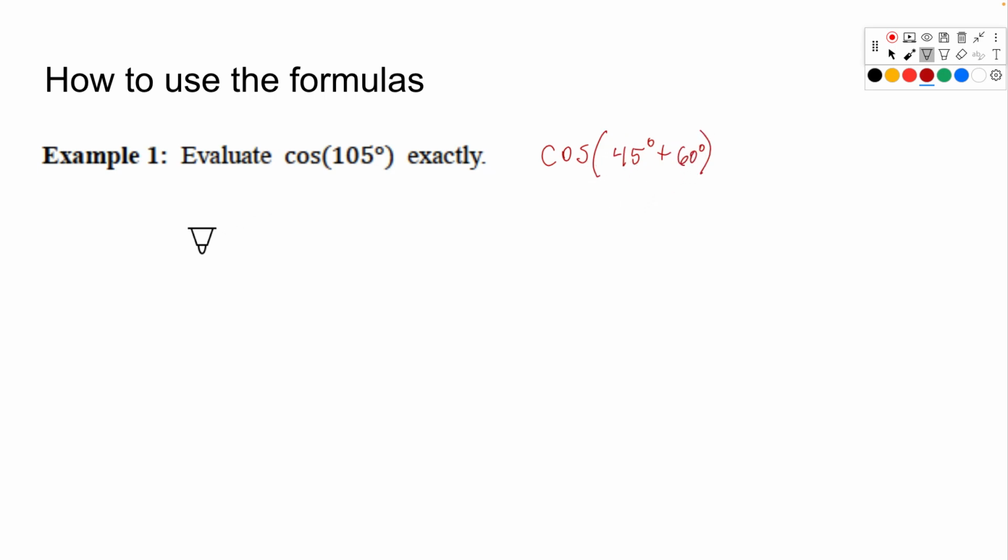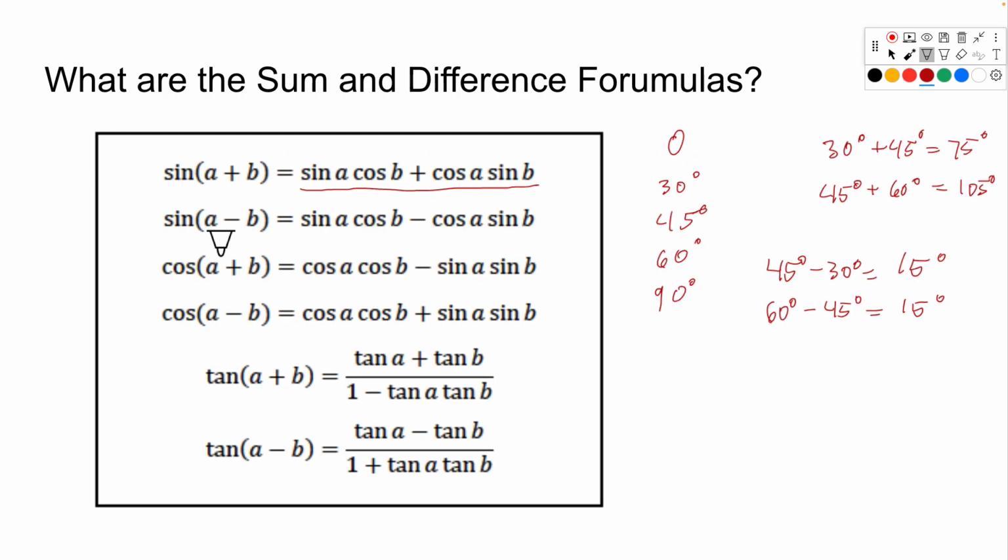What we need to do is go back to that formula. Since we're doing 45 plus 60, I want to use this one. It's going to be cosine of the first angle times cosine of the second angle minus sine of the first angle times sine of the second one.